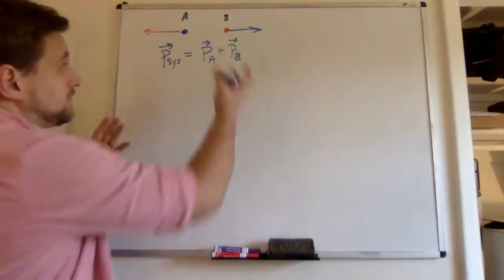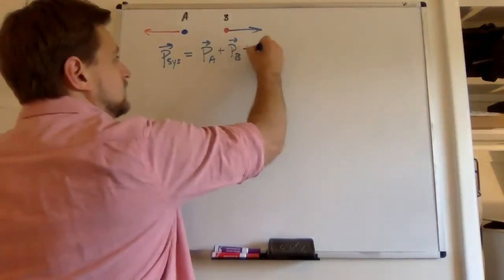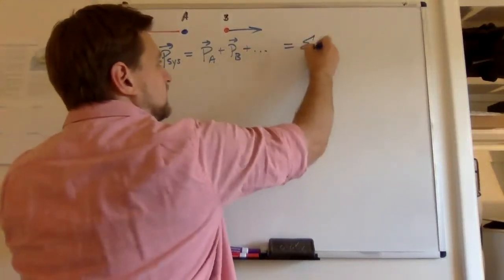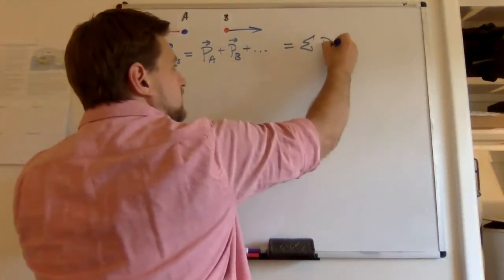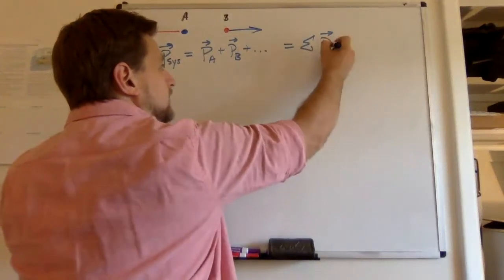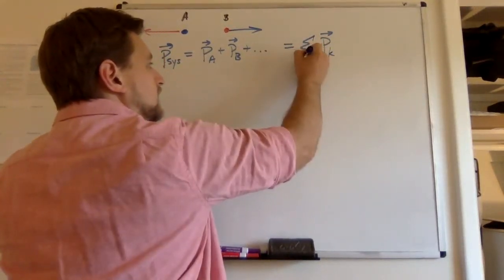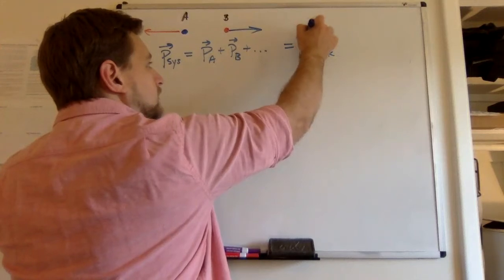And I suppose if there were more, we would just have additional terms. So I'm just gonna write that it's the sum of the individual momenta. Let's use k, k equals 1 to n.